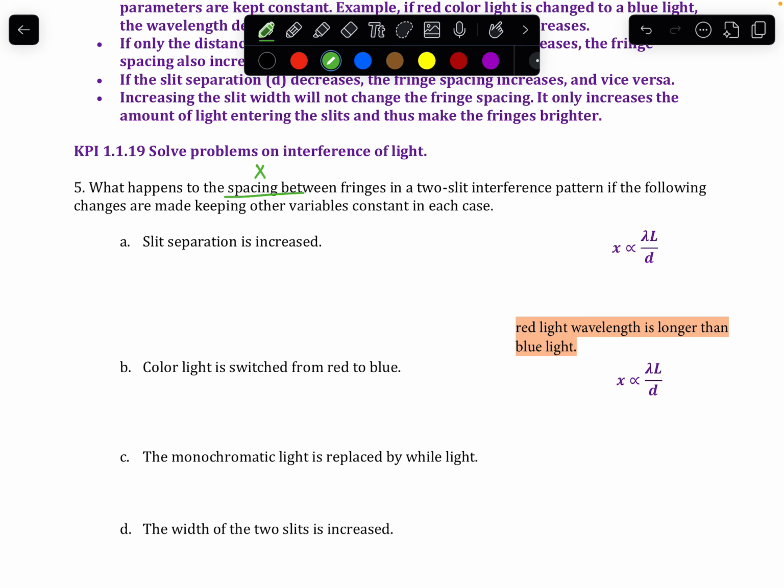If the slit separation is increased, so by increasing the denominator, basically x will decrease, because they have an inverse relationship. So x will decrease when d increases. We can say either x decreases, or we can say that the fringes get closer, narrower.